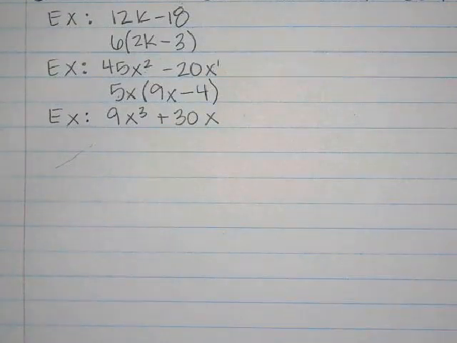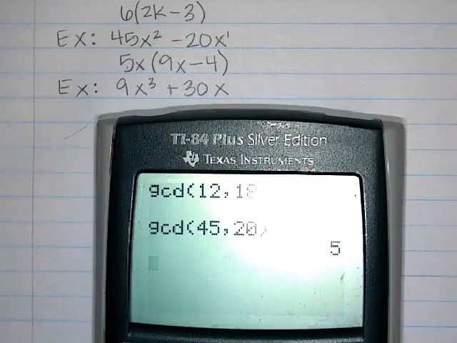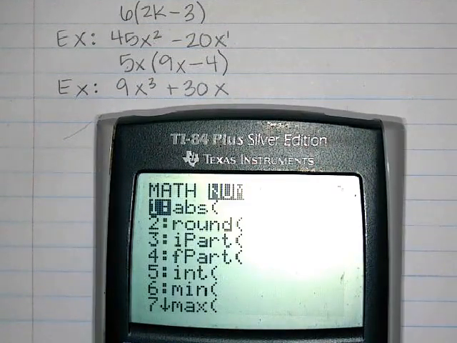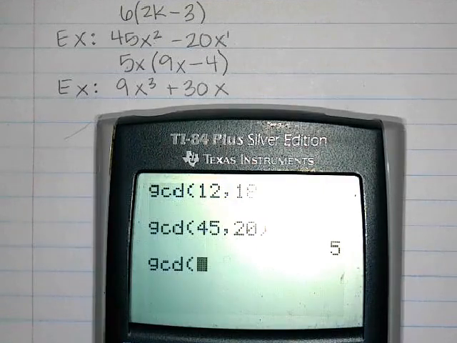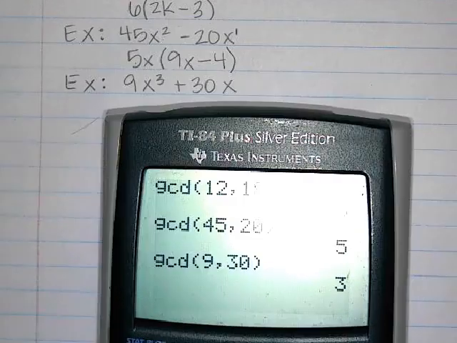So I'm going to hit the math button, go over to number, press 9, looking for the GCF between 9 and 30. Now, do I have to use this on my calculator? No. It's good if I am rusty on multiplication or if I don't feel like using my brain. So my GCF is 3.